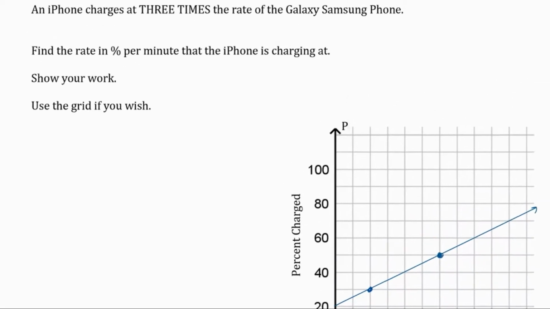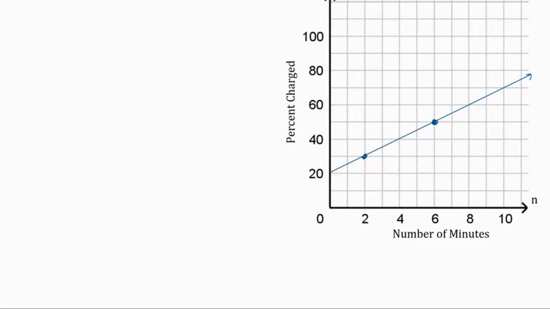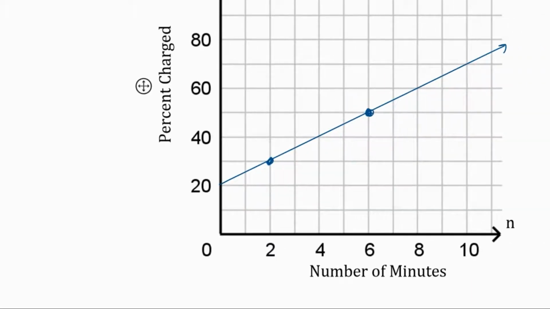So how do I find the rate? Well, I can just figure out how much it's going up each minute by looking at the graph, or I can do the thing where I look at the change this way and the change that way, and I'm going to do both so that we can see both different ones. Okay, so first thing I want to look at is this scale is counting by tens. Okay, so that's going up by tens.